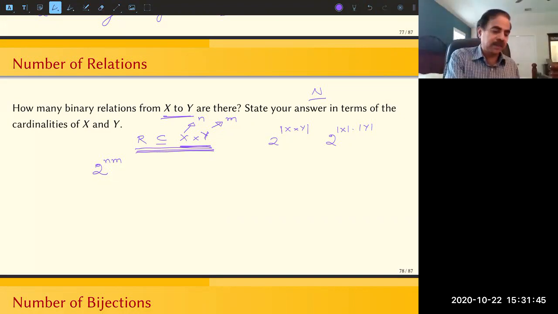So every subset of X cross Y defines a relation. So we want to find out how many subsets of X cross Y exist, right? And the number of subsets of a set is really the same thing as the cardinality of the power set.